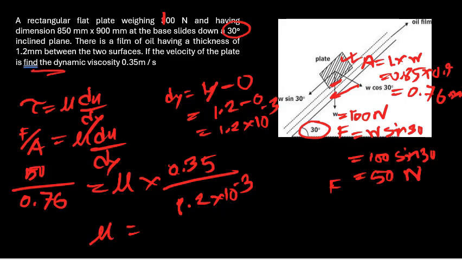Then we'll get our desired value: 50 into 1.2 into 10 to the power minus 3, divided by 0.76 into 0.35. Then we get 0.22 Newton second per meter square.